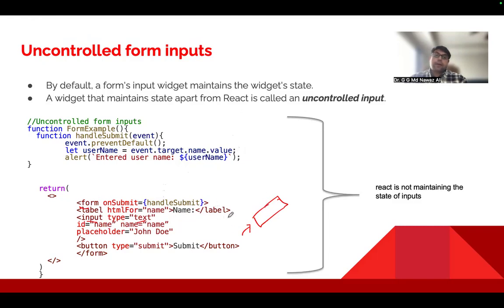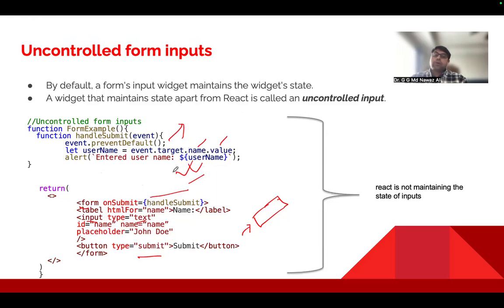When you submit, we call the handleSubmit function, which calls preventDefault, meaning that the form will not be submitted. Rather, we extract the value from the name field and set an alert showing the name value we extracted from this form.